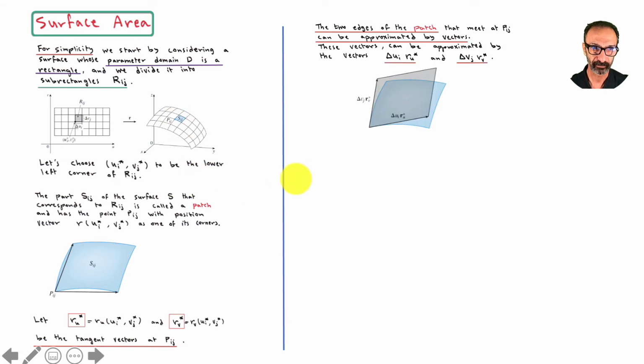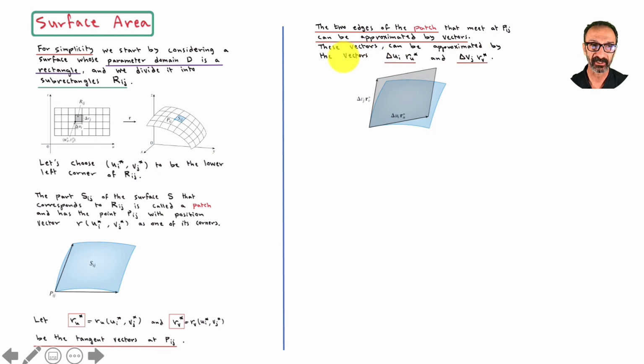Now, if you want this right here, not just a tangent vector all the way, the two edges of the patch that meet at P sub ij can be approximated by vectors. These vectors, those are the vectors that we are referring to. You see the arrows right there?